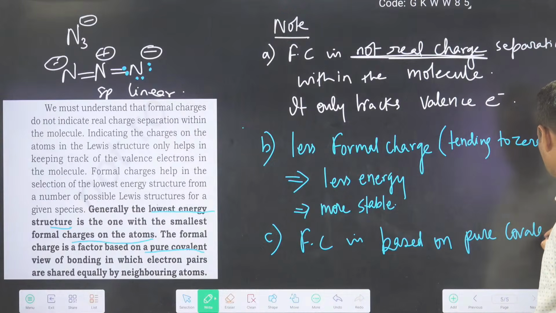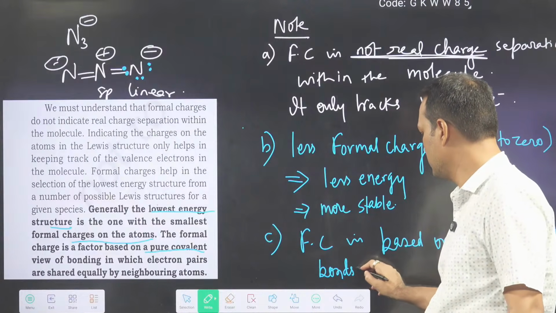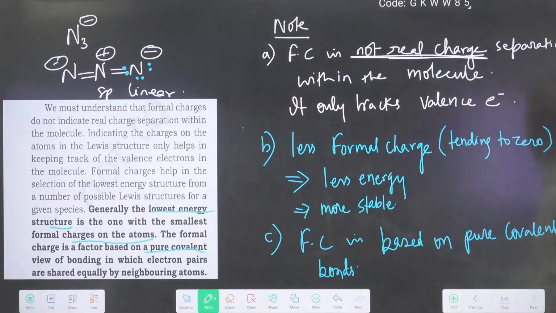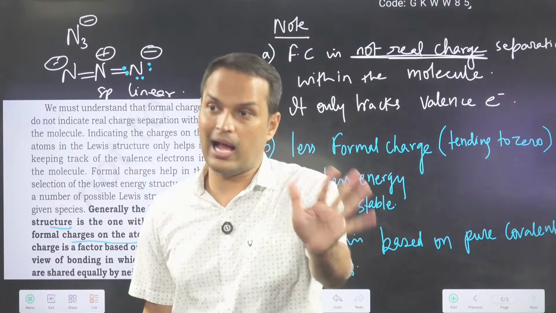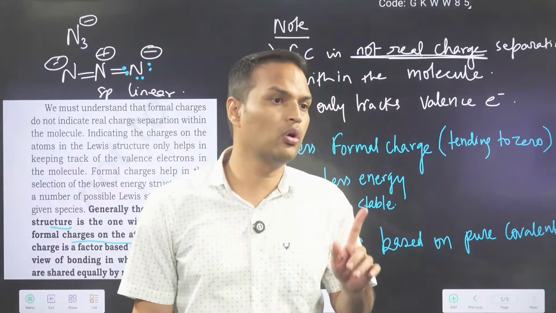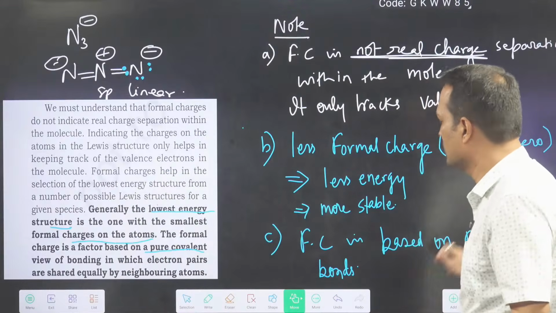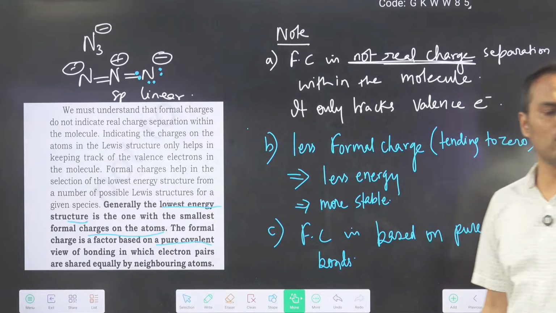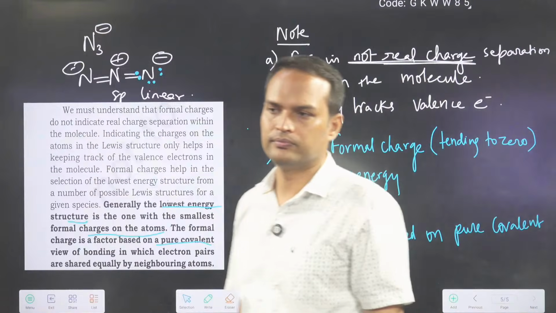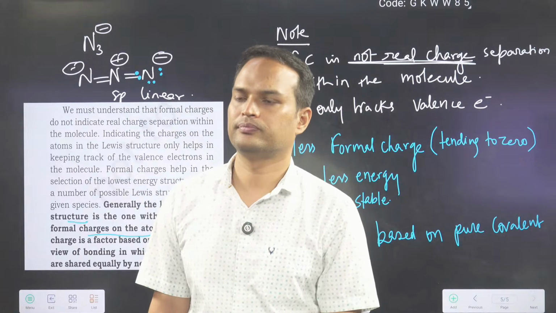They will not write in the paper that it is based on pure ionic nature. No, pure covalent bond. Clear to everyone, I think now? Formal charge over. Lewis dot structure over. Now we will move towards the next topic.